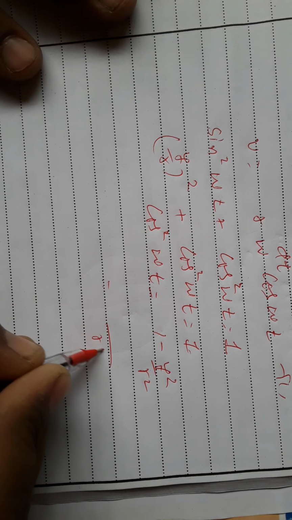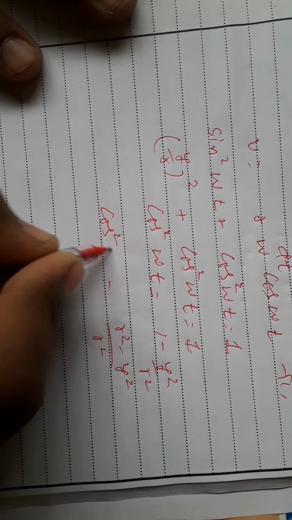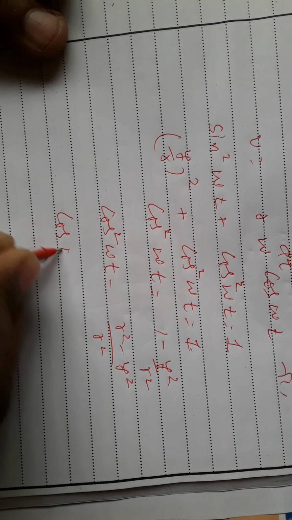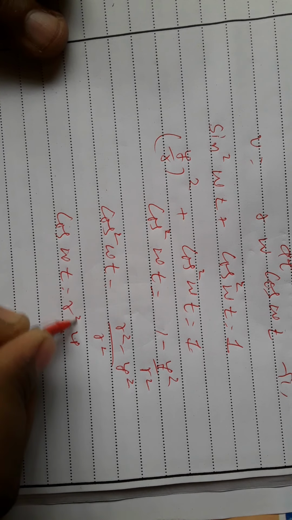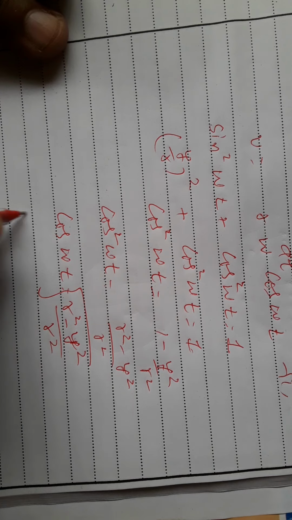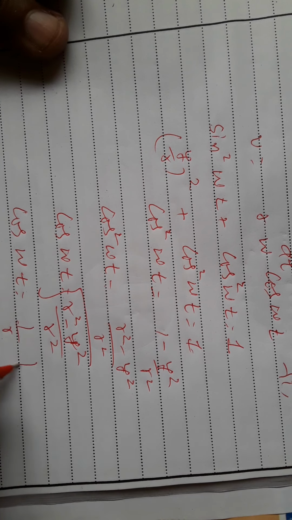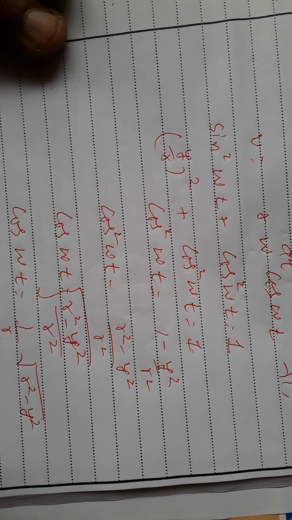So we can write here r square minus y square upon r square. This is cos square omega t. So we can find the value of cos omega t, which is 1 by r under root r square minus y square.